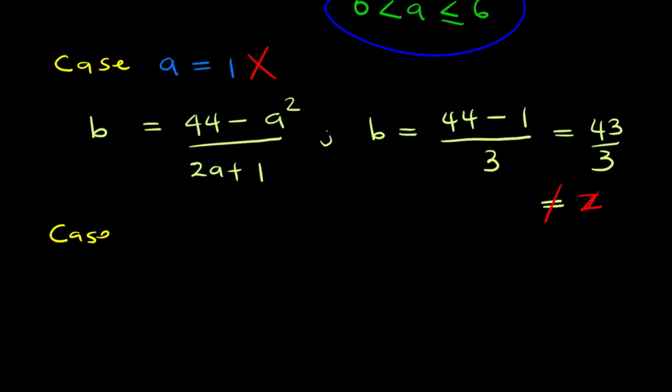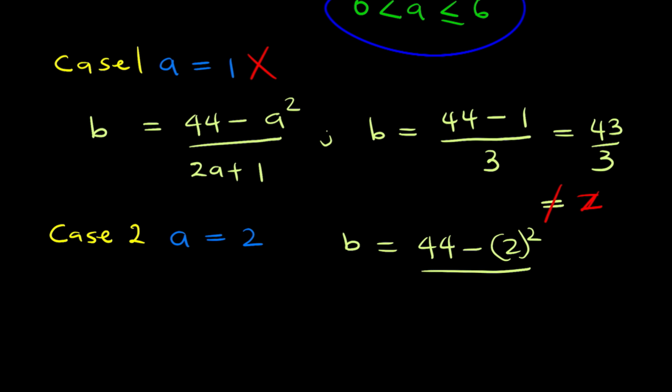Now let us look at a second case, case 2. Case 2 will be when a is equal to 2. So putting 2 into the expression on the right, b is equal to 44 minus 2 squared, then divided by 2 into 2 plus 1.